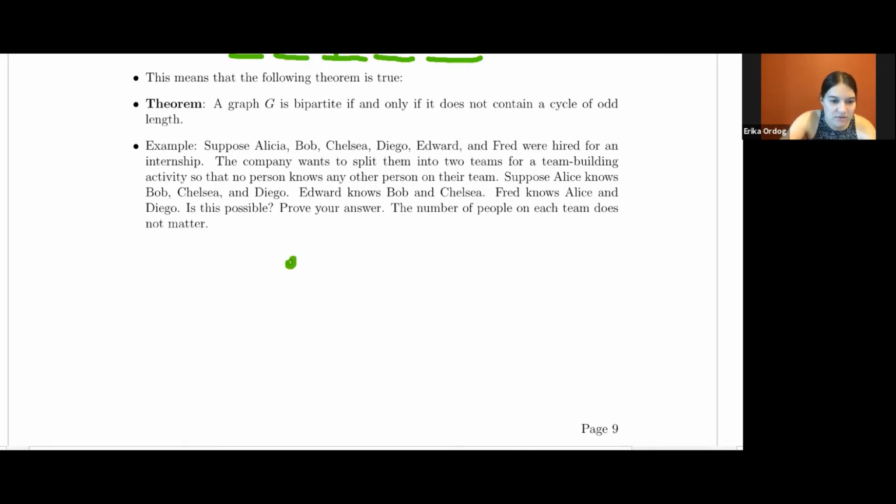So we can start with the first piece of information we're given. Call this vertex Alicia or Alice. Supposed to be the same person. So Alice knows Bob, Chelsea, and Diego. So we can draw an edge between those vertices.